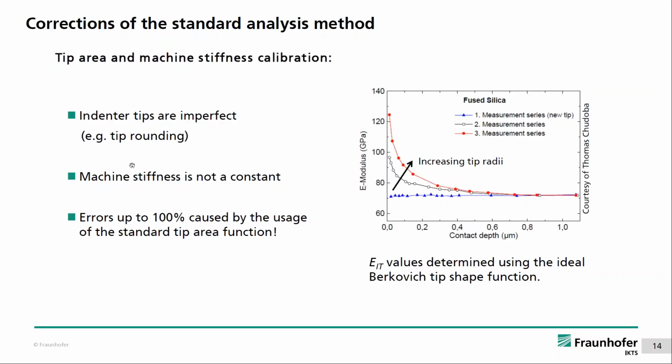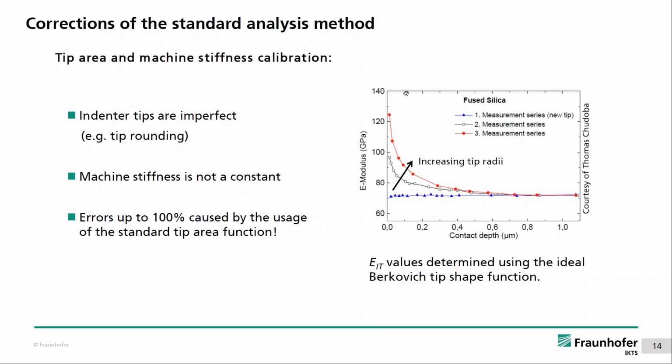The reason is that these tips on this small scale are never perfect. They have a tip rounding, maybe the angles are not perfect. So you have to calibrate the real shape. And also the machine stiffness mostly is not a constant. Sometimes you can assume that it's a constant, but still you also have to determine this constant.